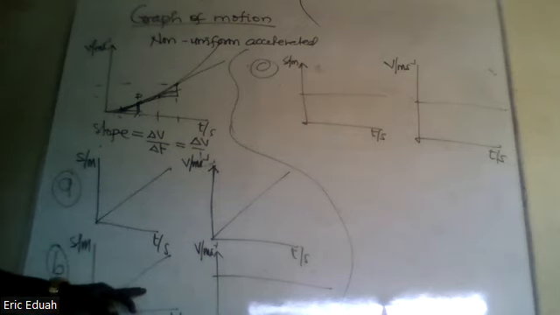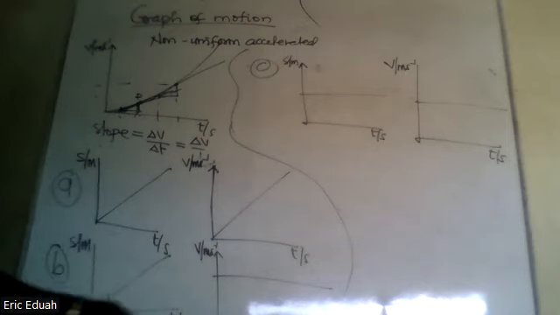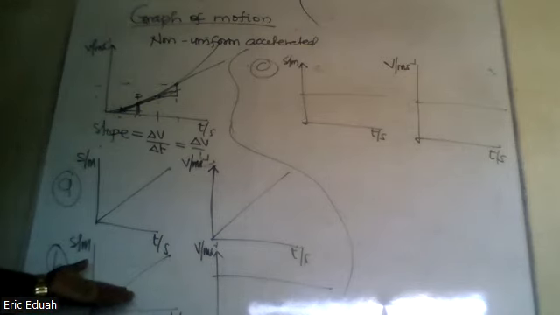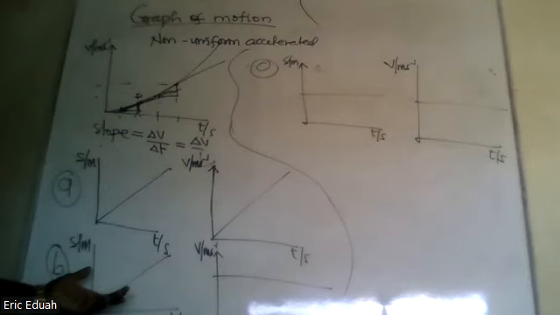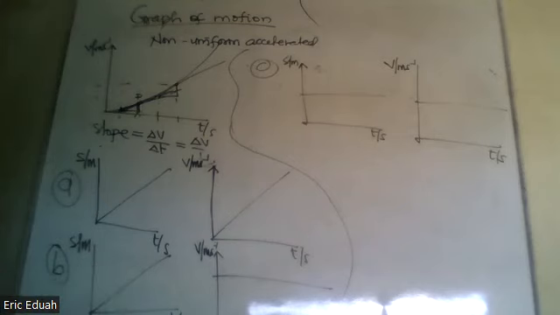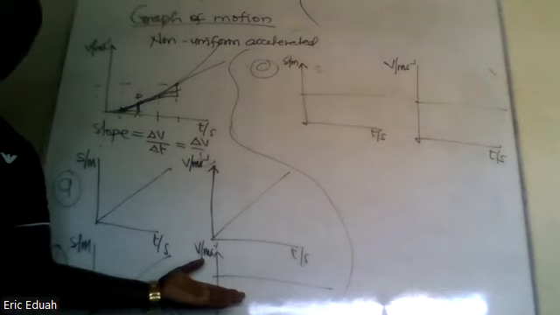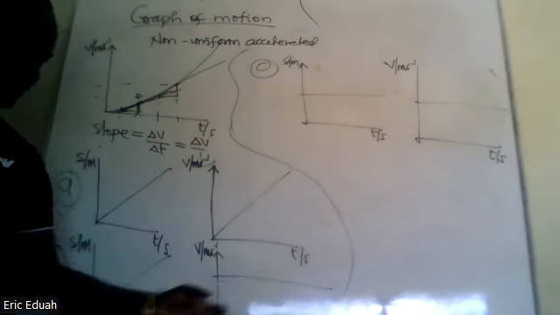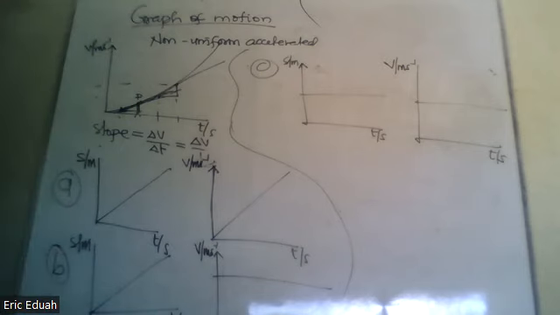So what will you say about these two graphs? They are the same. When velocity is constant or uniform, acceleration is zero. So these two graphs are the same.